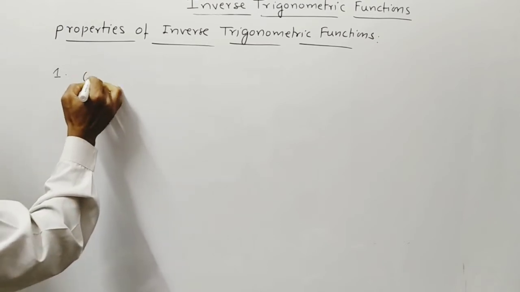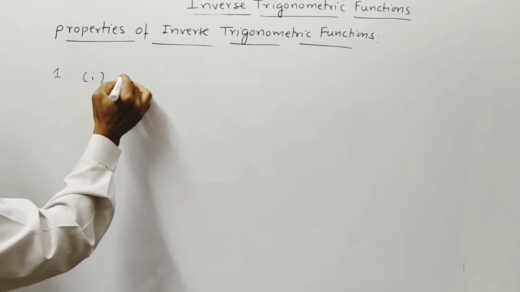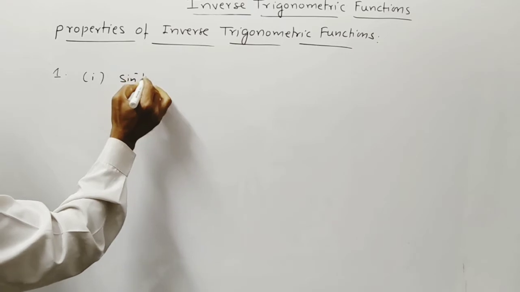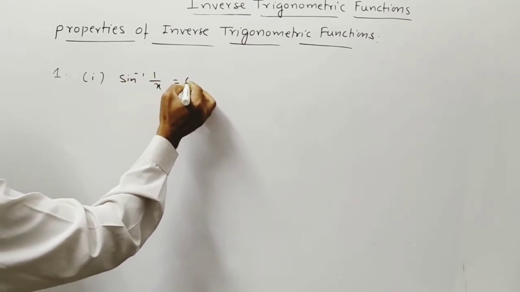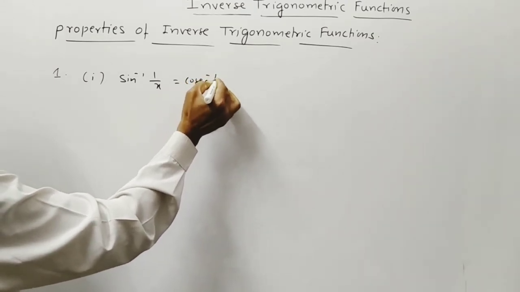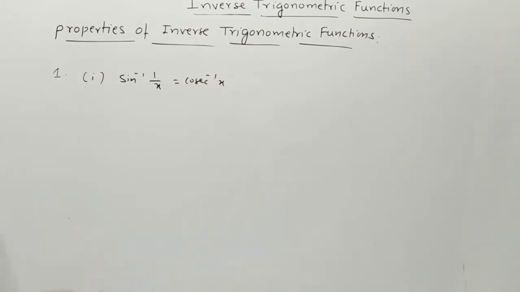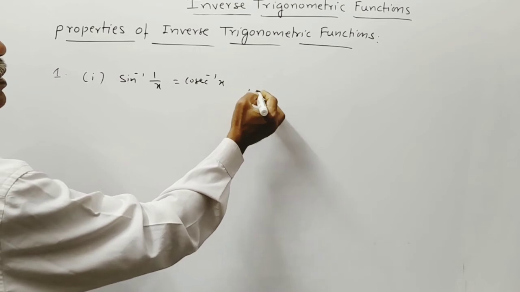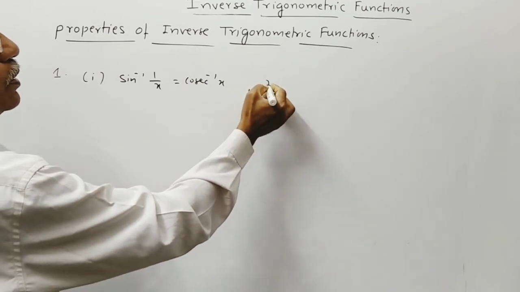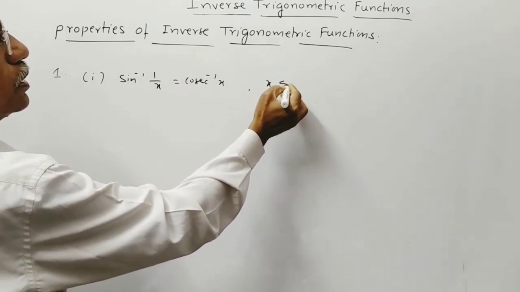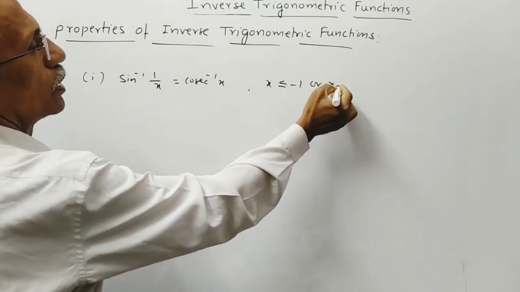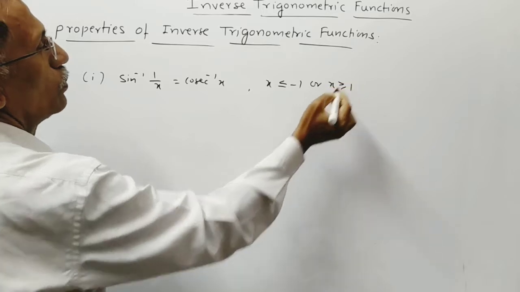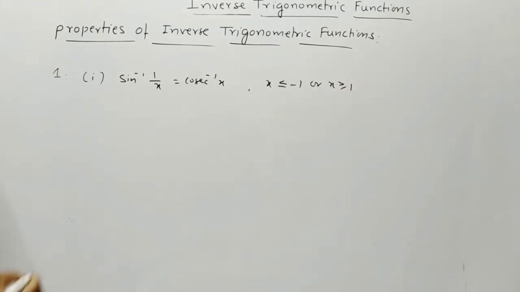First one, sin inverse of 1 by x is equal to cosec inverse of x, where x is less than or equal to -1 or x is greater than or equal to 1.